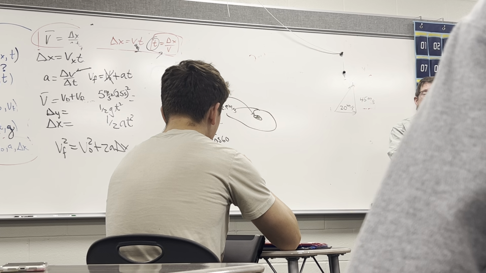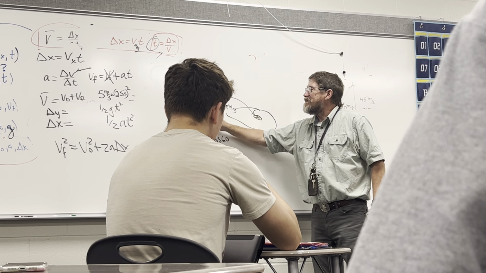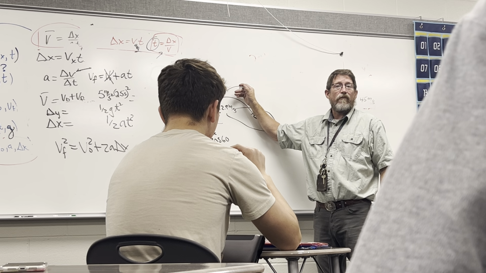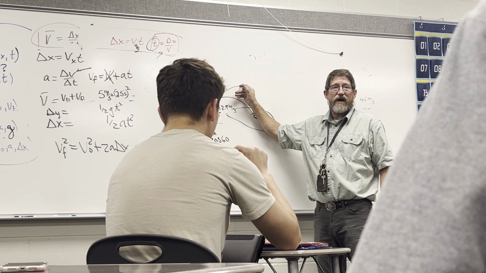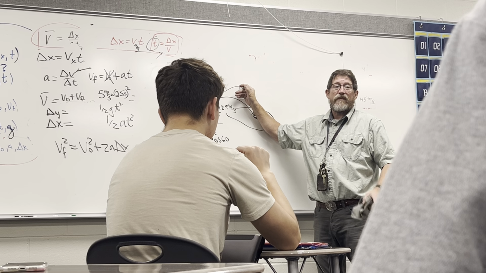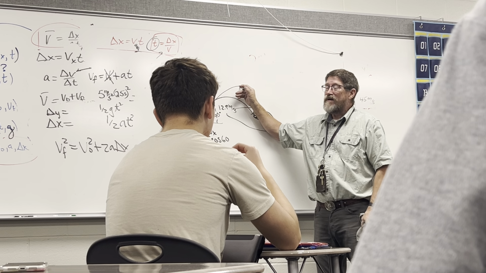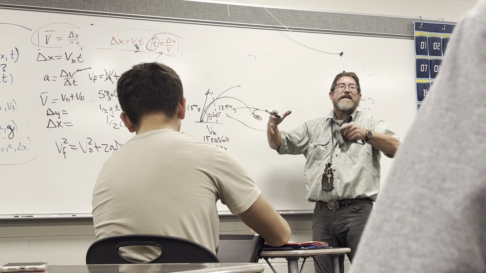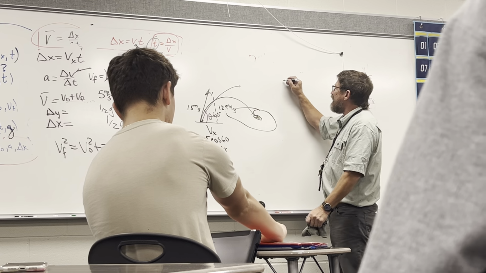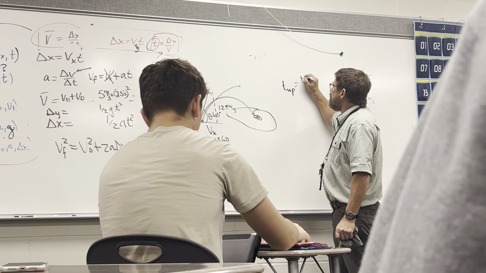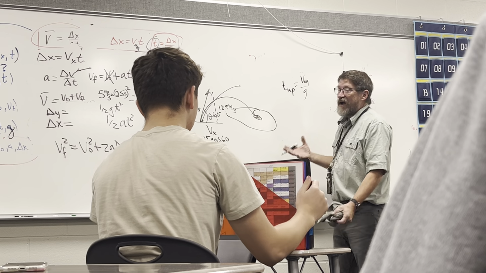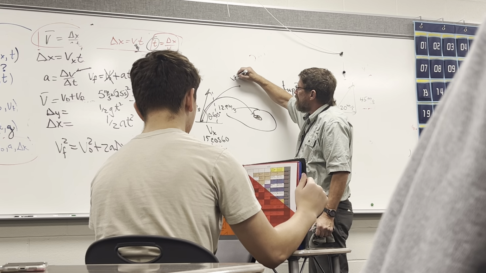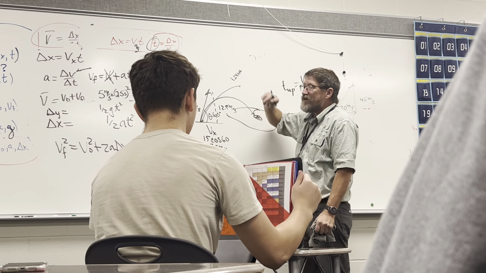How long does it take you to go from 12.9 to what's the vertical speed at the top? 0. So how long does it take you to go from 12.9 to 0, slowing down at 10 meters per second? The time up is equal to your original y over gravity. 12.9 divided by 10, you're going to go up for 1.29 seconds, call it 1.3 seconds.